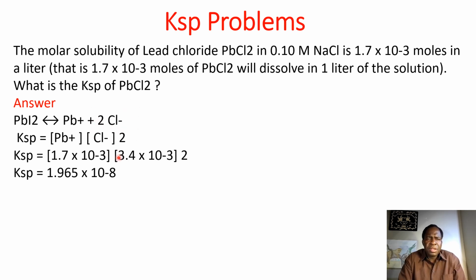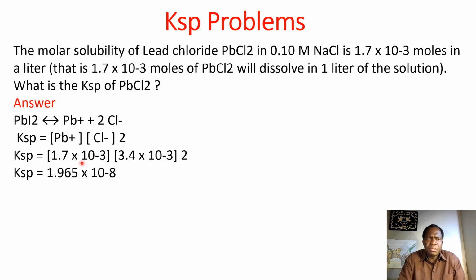So Ksp is equal to the concentration of Pb2+ times the concentration of Cl- squared. Because of the stoichiometry, the concentration of chloride ion should be 2 times the concentration of lead.